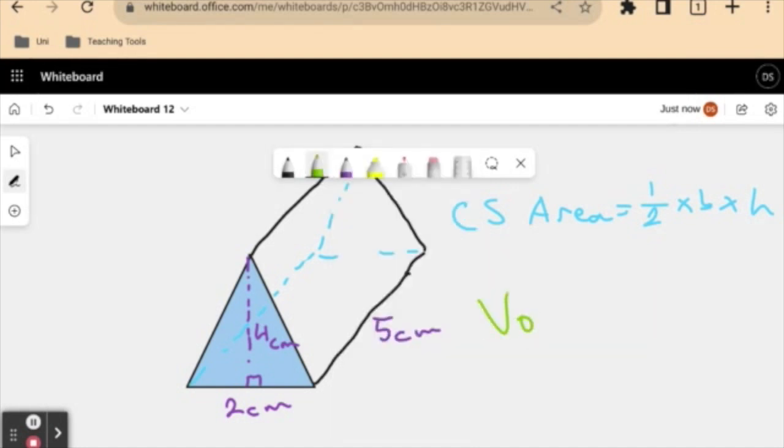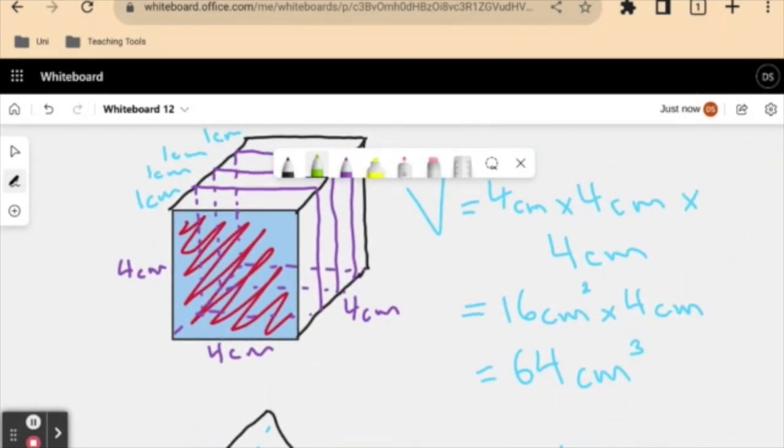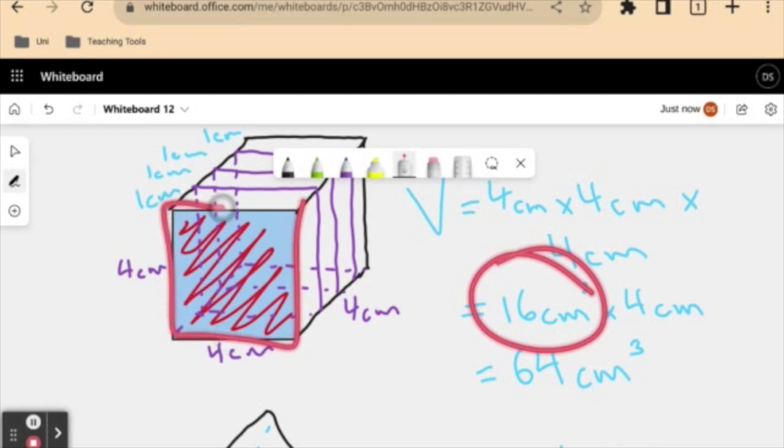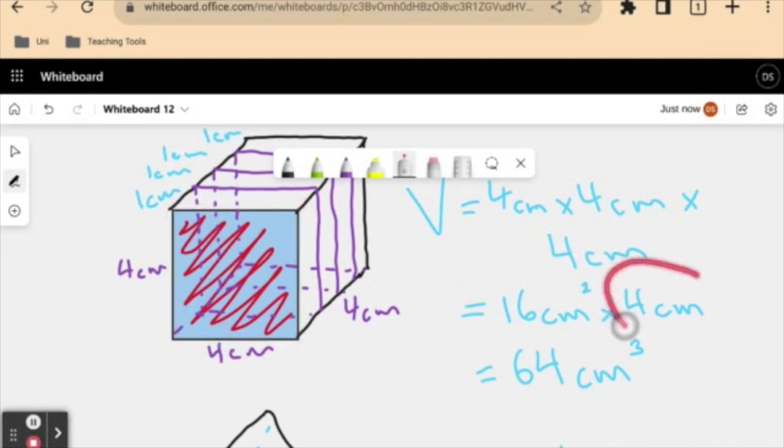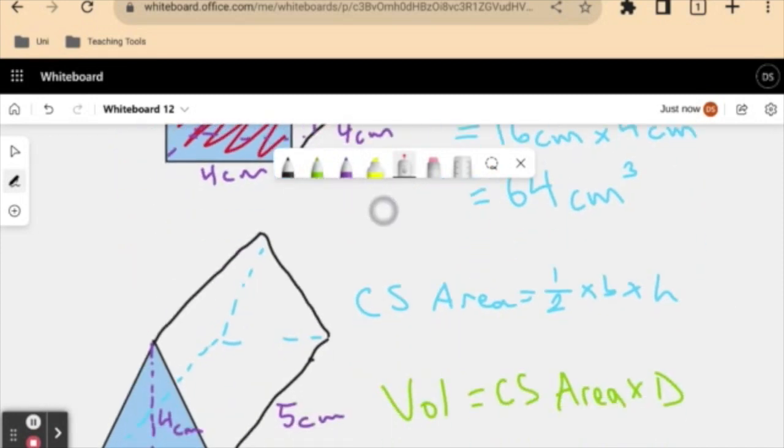Our volume equals our cross-sectional area multiplied by our depth, D. And we've done the same thing here. We had our cross-sectional area, our front face, multiplied by, in this case, a depth of 4 centimeters.